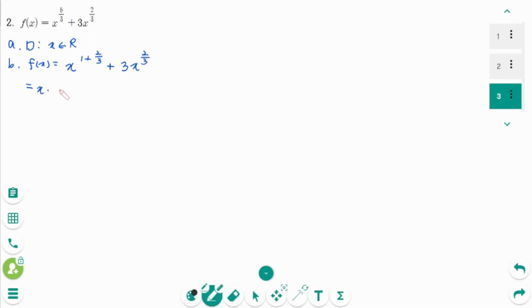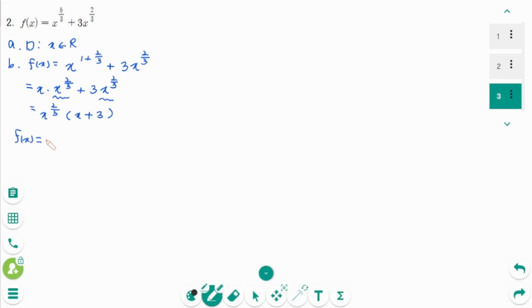Then we can factor out x to the power of 2 over 3, then x plus 3.